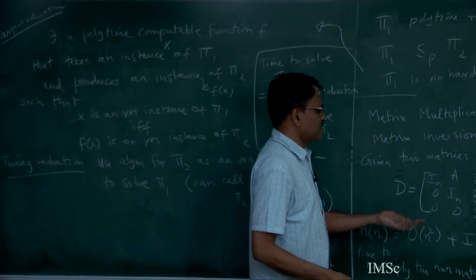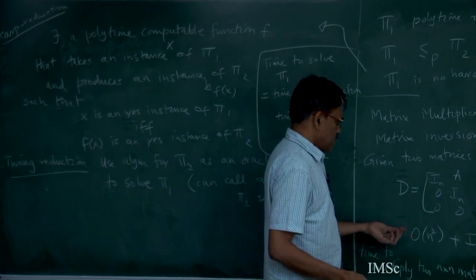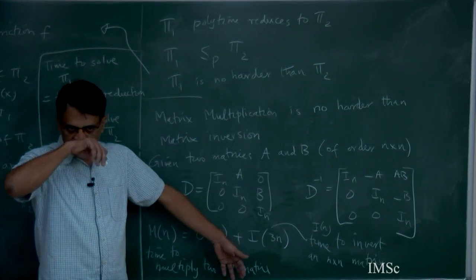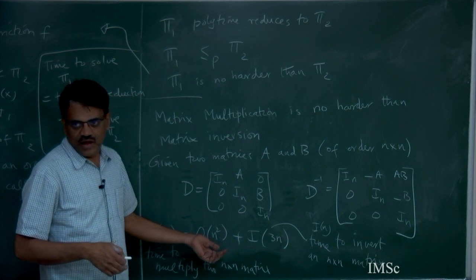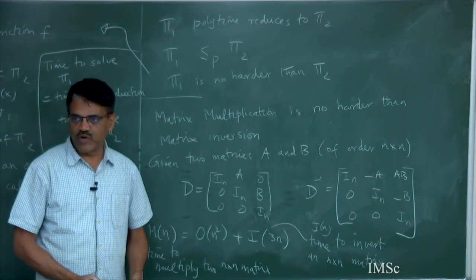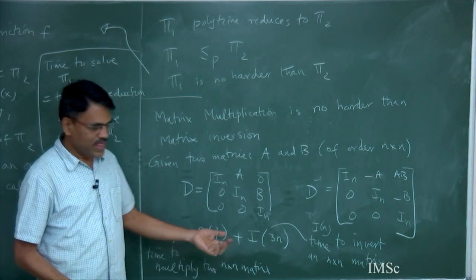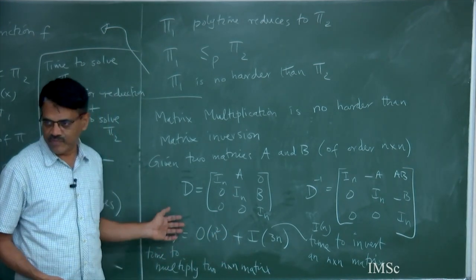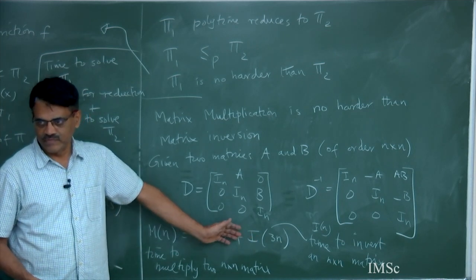I make some simple assumptions that I of n is omega n square, right, because if you can invert the matrix even faster than n square, which we do not believe, then the actual time is dominated by the reduction time, not the inversion time, right.